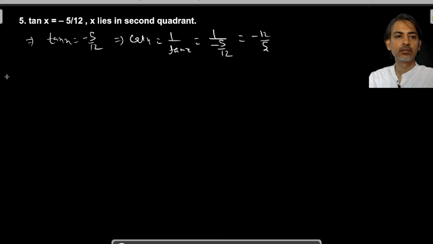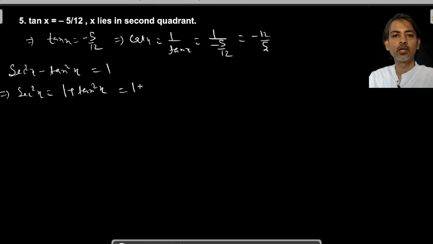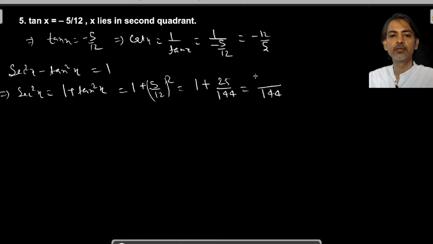You got cot x. Now given tan x, can you get sec theta? So sec square x minus tan square x equals 1. So sec square x equals 1 plus tan square x, which is 1 plus minus 5 by 12 whole square, which will be 144 being the LCM, 144 plus 25, which will be 169 upon 144.